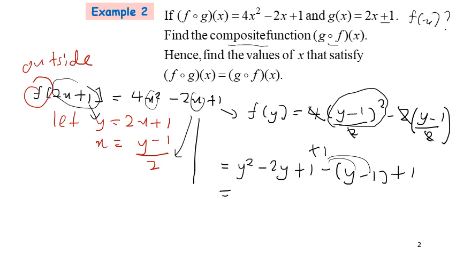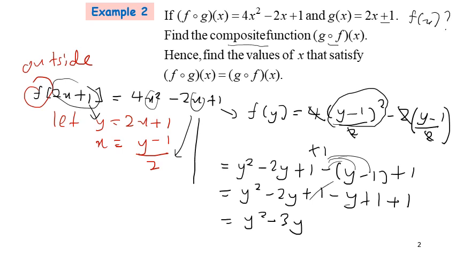And then after we simplify: y squared minus 2y plus 1, minus y plus 1, plus 1. Okay, so negative 2y and negative y gives y squared minus 3y, and then plus 1 plus 1 plus 1, so lastly plus 3.